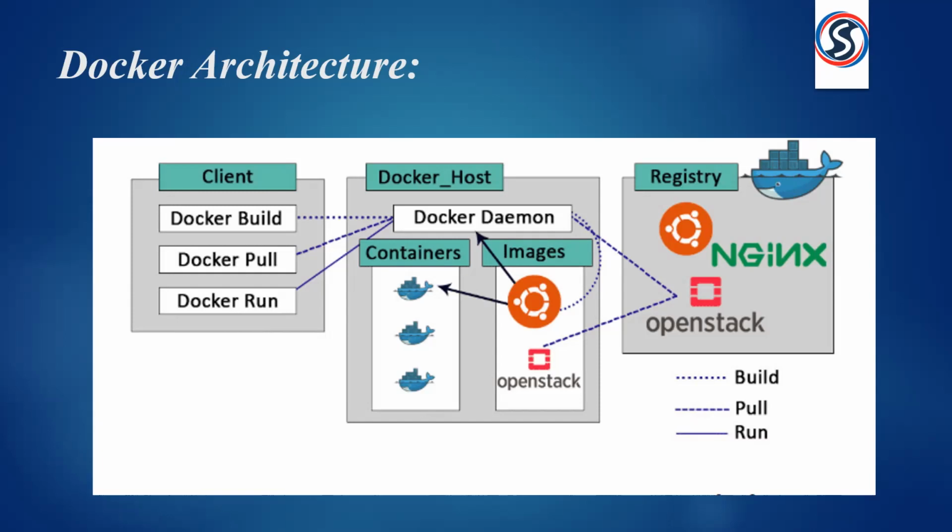But a Docker container will virtualize only the application layer, and whatever application we are running inside Docker will run on top of the host operating system. So this is one of the differences.